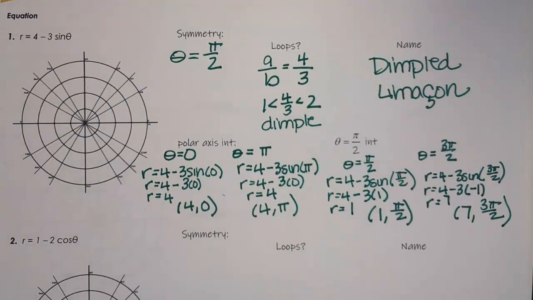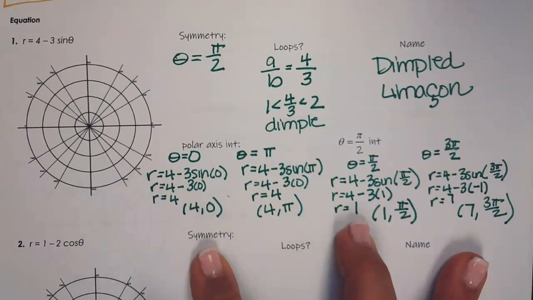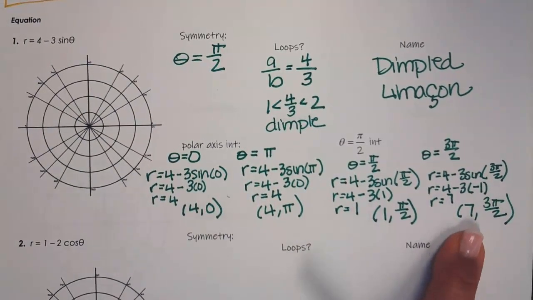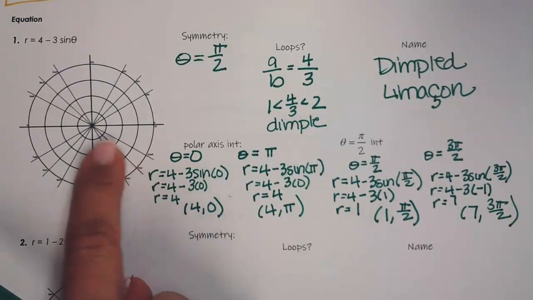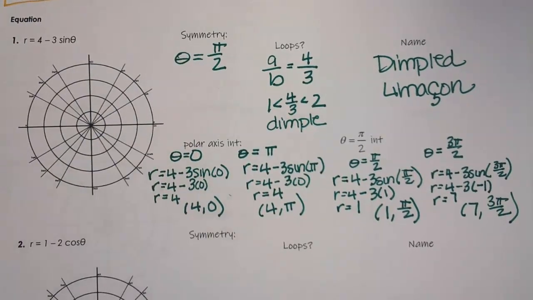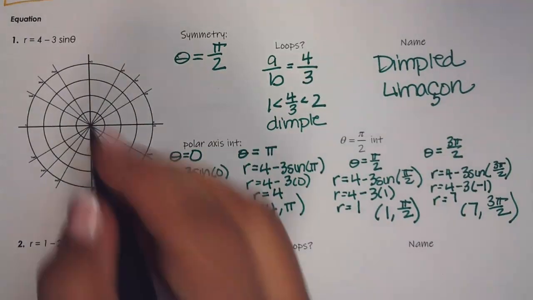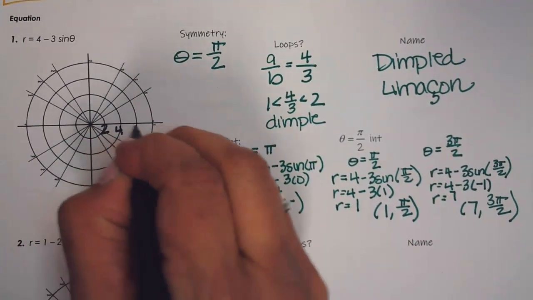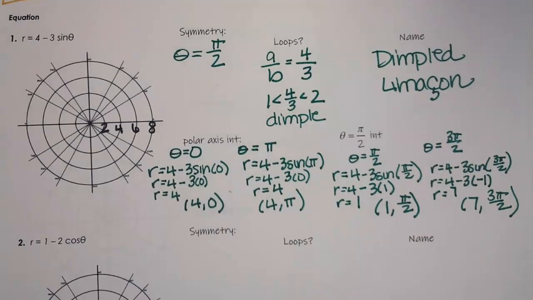And I like finding those before I start plotting, but because this one is a 7, do you guys see I might want to go by 2s for my radii that are here? So I'll start labeling these. So I'll go by 2s instead so I can fit all of my intercepts on the polar axis and on the theta equals pi over 2 axis.